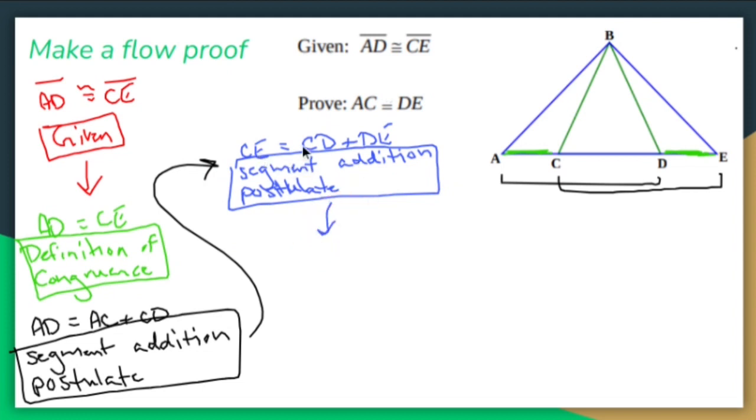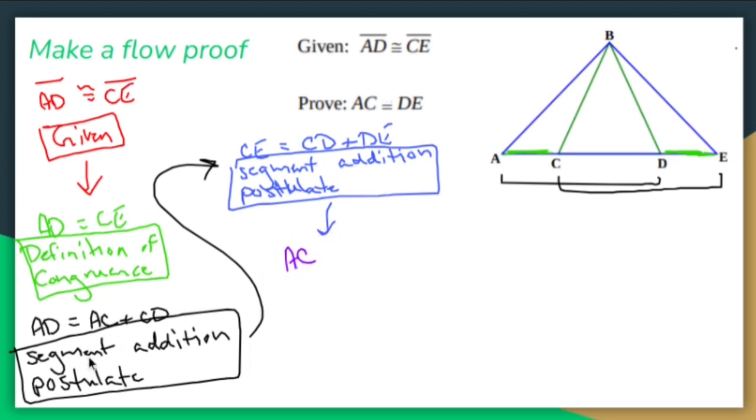All right, so now that I said what CE is, and now that I said what AD is, I notice that I have CD and I have AC, and I should be able to isolate them, right? My job is to get AC and DE all by themselves. So why don't I get AC all by itself by subtracting CD? And why don't I get DE all by itself by subtracting CD? And I'll do that all in one big step. I will subtract CD from both sides to get AC all by itself.